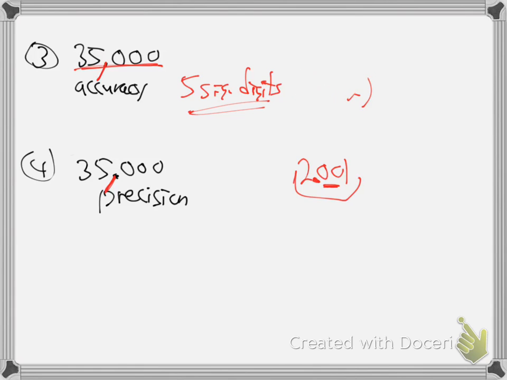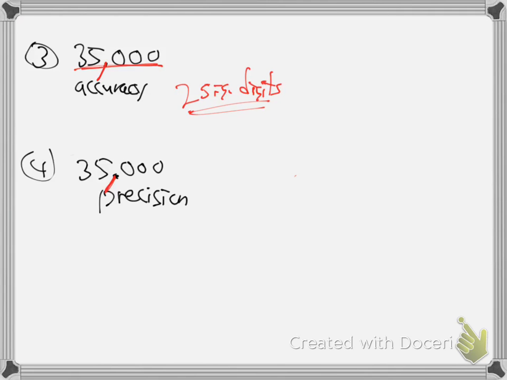So it should be 35,000, and that is why the answer key says only 2. Now everybody see there's only 2? Yes. Because now those zeros don't matter, because they're not after a decimal. Only zeros after a decimal matter. So there's only 2 significant digits.